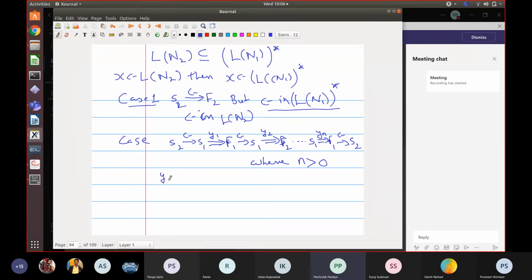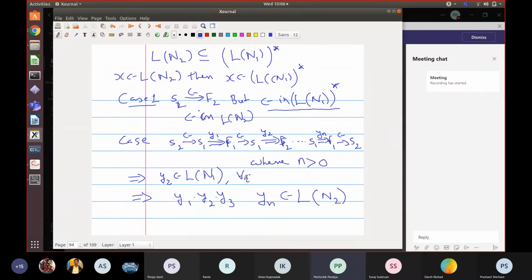But in this case, since S1 goes to F1, which is an accepting run of my automaton N1, I get from this that yi belongs to the language of N1, for all i. And this implies that y1 dot y2 dot y3 dot yn belongs to the language of N2, right? Why?